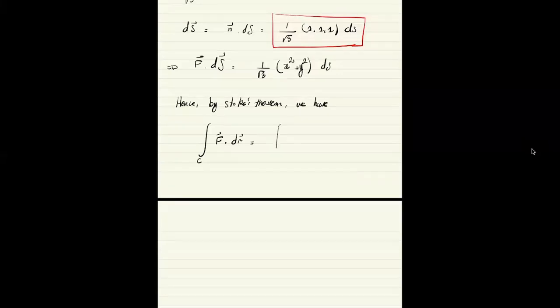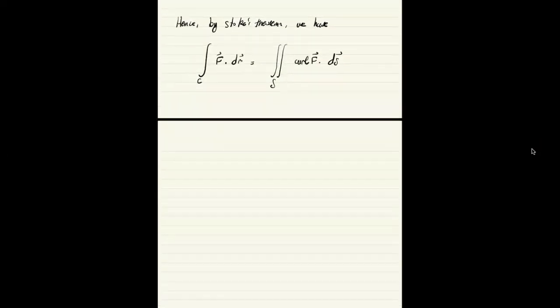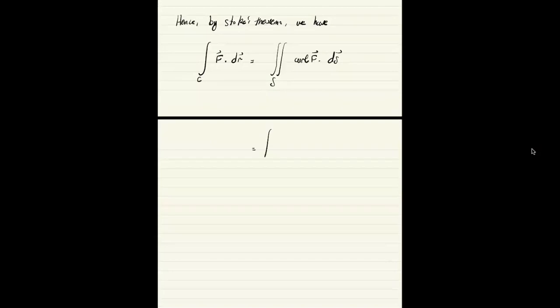You just have to compute the curl of F scalar with dS over S. And this is equal to the integral over S of 1 over square root of 3 times x squared plus y squared dS.